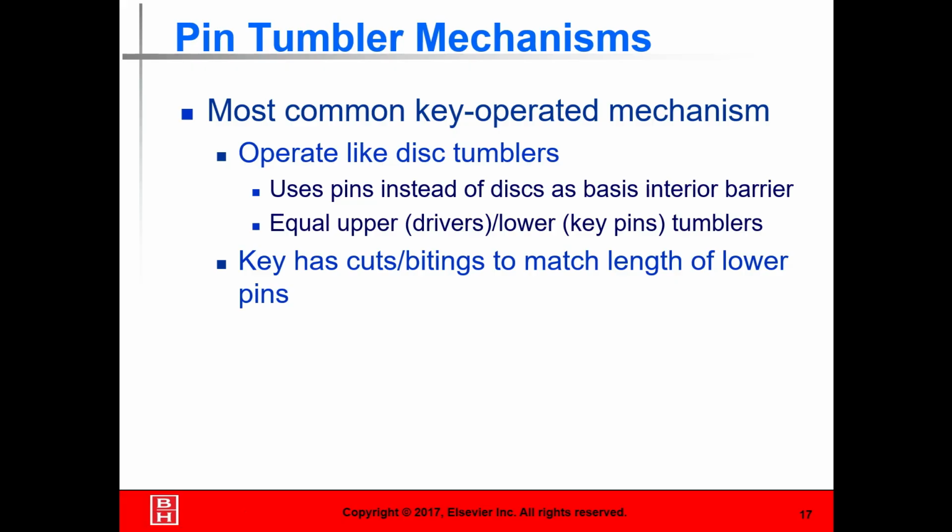Pin tumblers are most commonly used. Like the disc tumblers, they have equal drivers, so you can see the key goes in and the discs will rise, allowing you to turn the key to unlock the door.